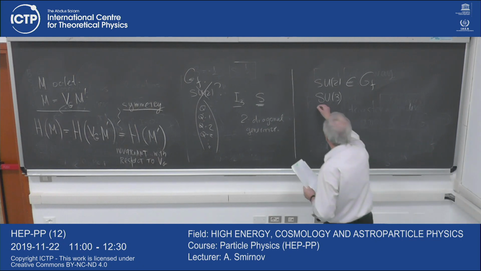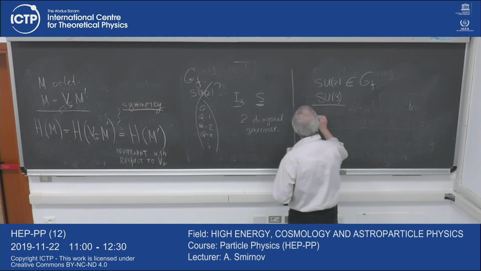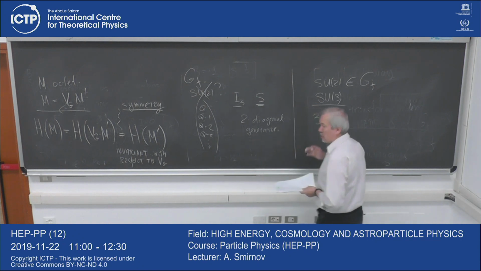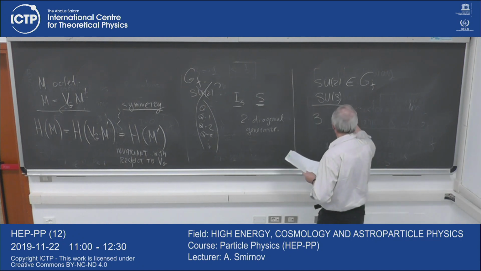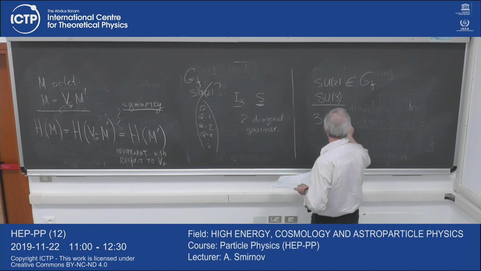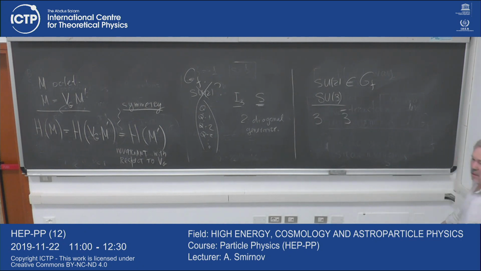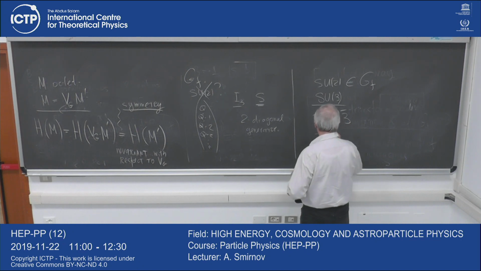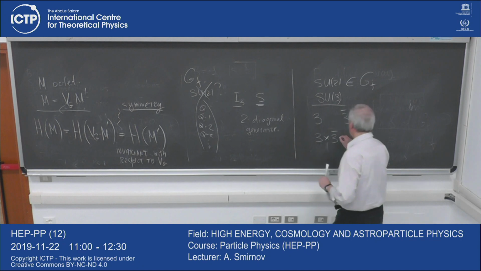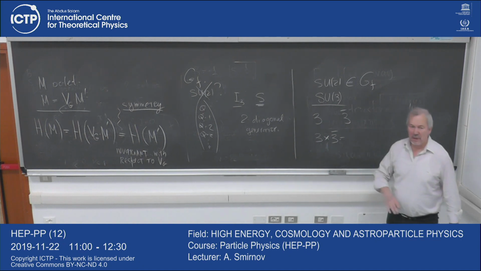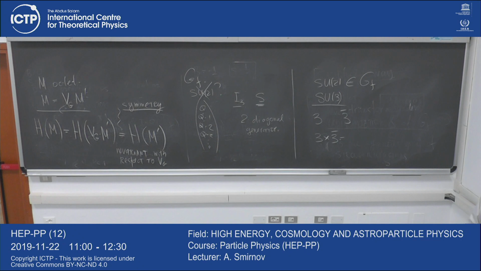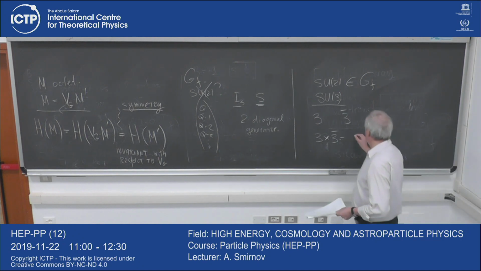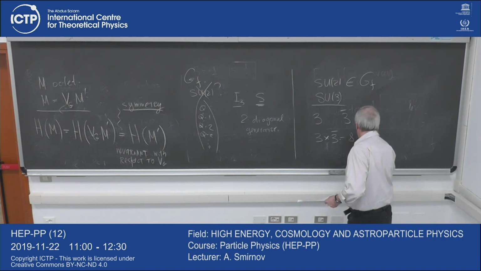Now, the group SU3 has a fundamental representation 3, and it is a complex group, and therefore it has 3-bar complex representation. So we can construct the higher representations by multiplying these. So 3 times 3-bar is a reducible one, and in terms of irreducible representations, it can be expanded as 8 plus 1.